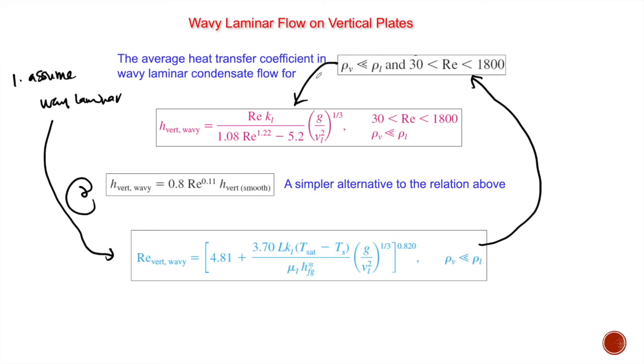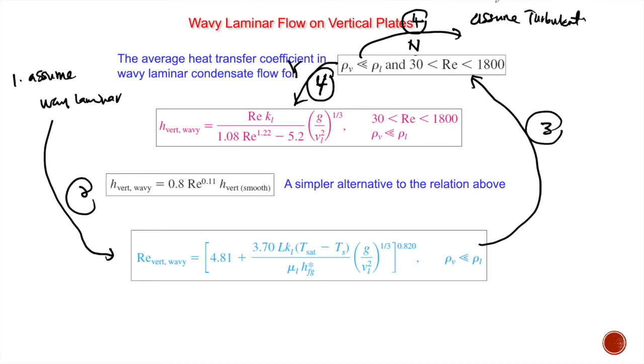If yes, that is the third step, and fourth, go to the H vertical wavy, substitute the values, and then you will get the H vertical. If no, this is step 4: if you compare your Reynolds number and it is not in between 30 to 1800, then assume turbulent flow.